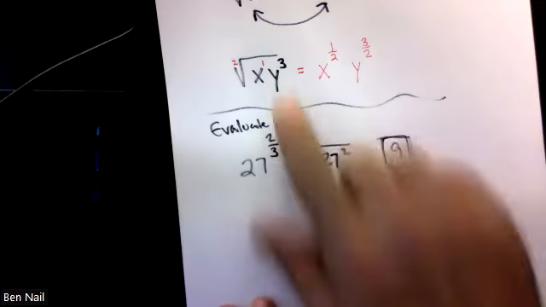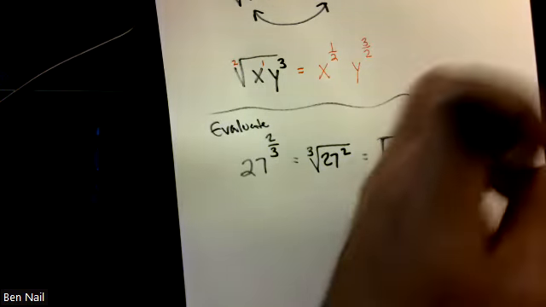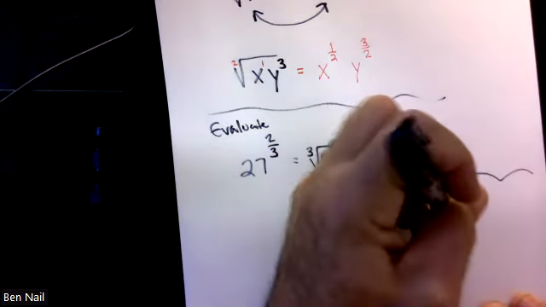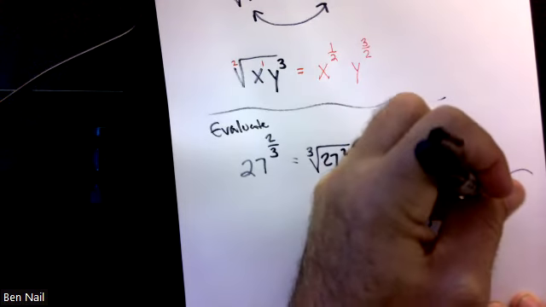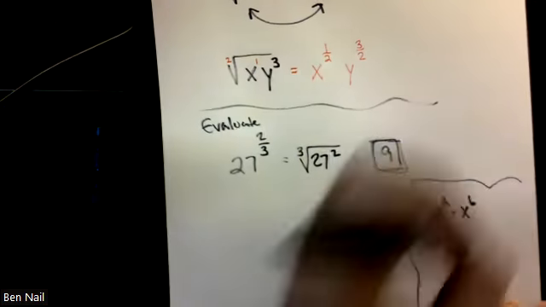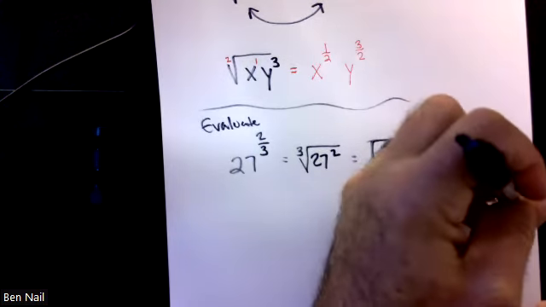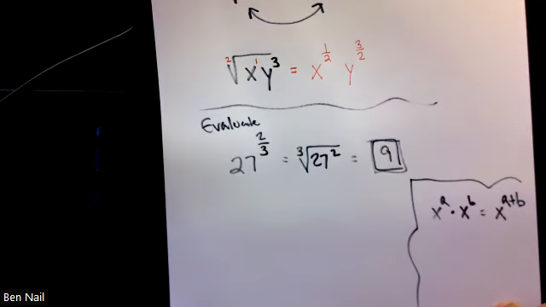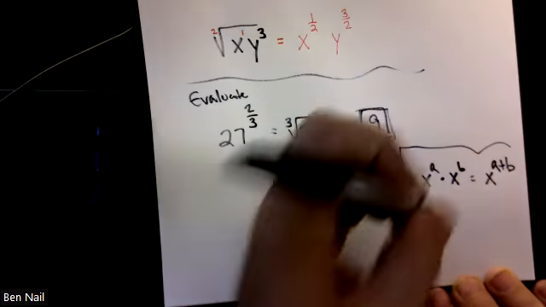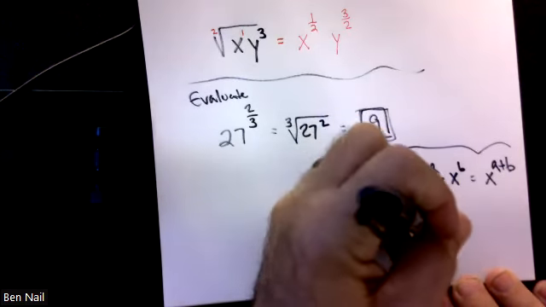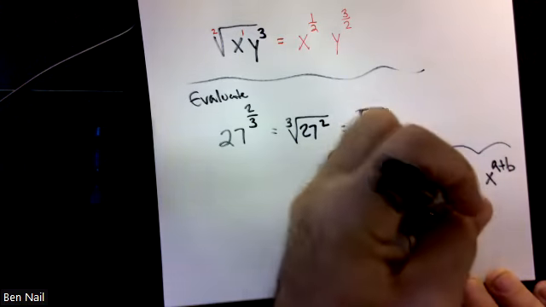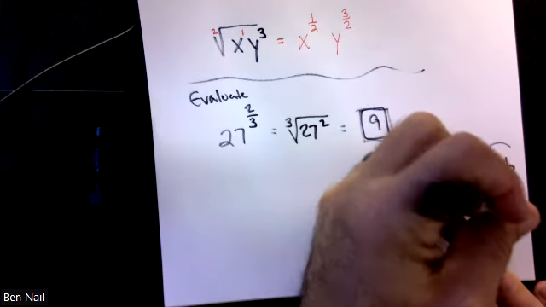And also remember, with variables, we have to remember those properties of exponents. Remember, if we're multiplying, the shortcut is to add those exponents together. If we're dividing, we can subtract those exponents.